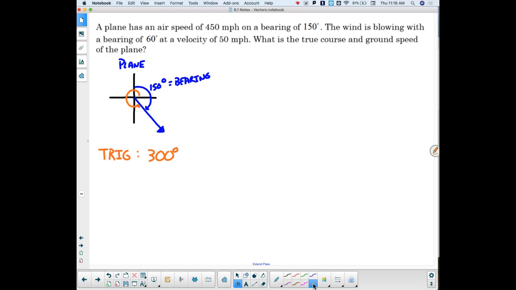That's important because when I go to get the vector of my plane, which would be the aim, that's going to be 450 is my velocity, my magnitude, if you will, times the cosine of 300 degrees, and 450 times the sine of 300 degrees.